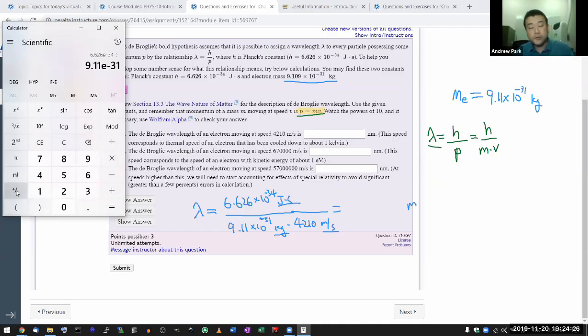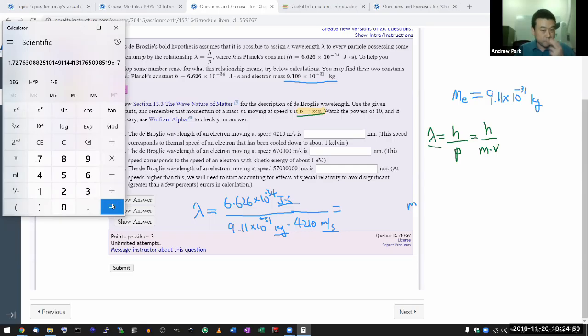By the way, be careful with something like this. If you are literally typing in times 10 to minus 31, you should probably put parentheses. It's about the whole order of operations. So always double check your final answer makes sense. Divided by this number, 4210 meters per second. 4210. Let's see what we get.